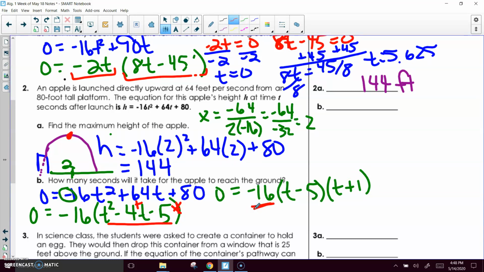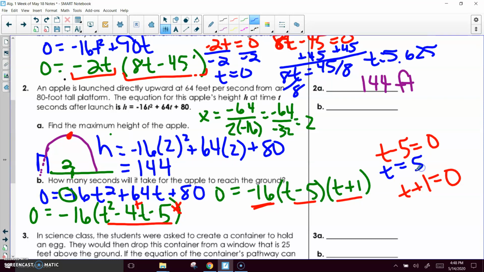Well, a GCF of just a number on the outside does not affect our zeros. So I don't need to worry about the negative 16. I just think about the solutions to those 2 pieces. What minus 5 equals 0 and what plus 1 equals 0. So it would be 5 and negative 1.